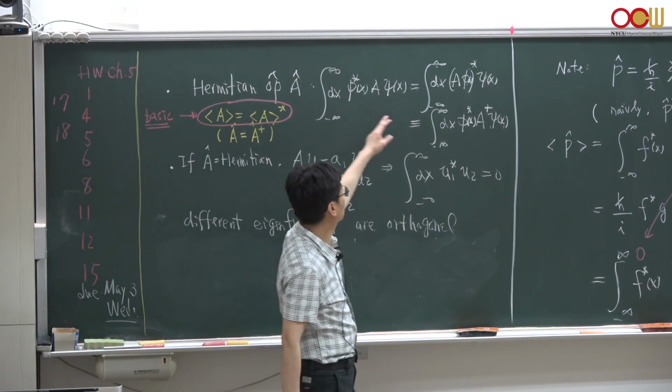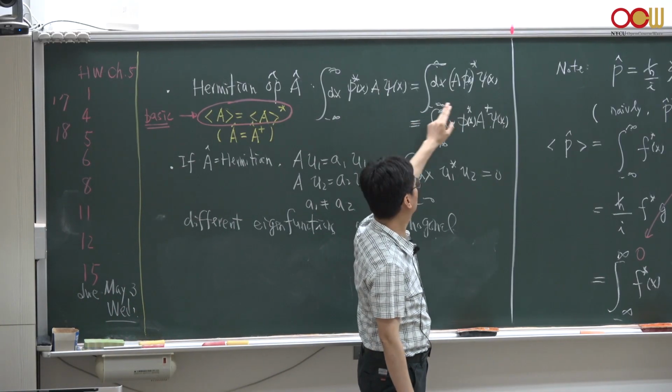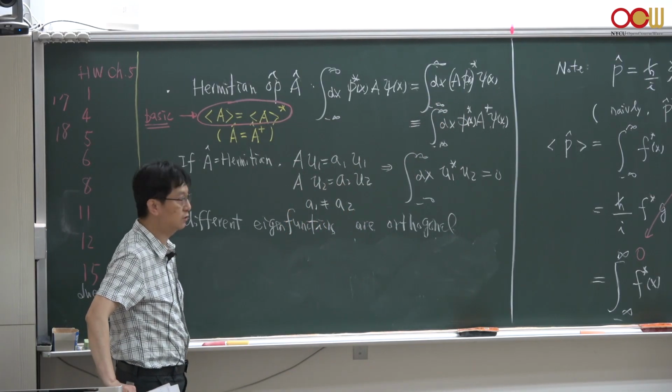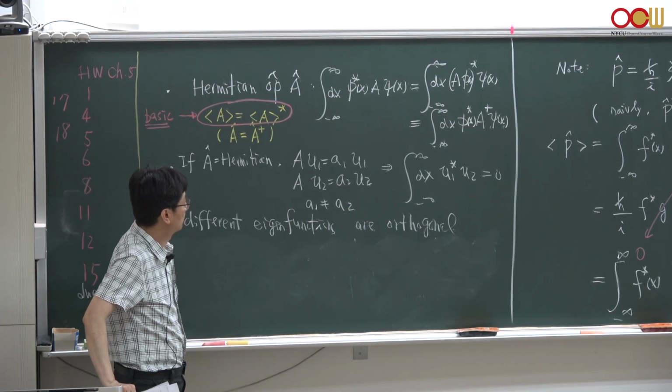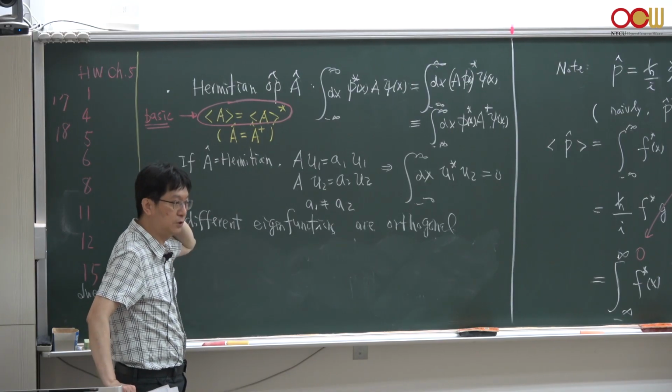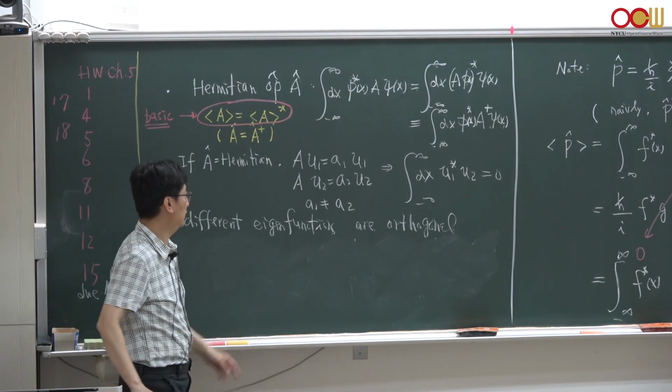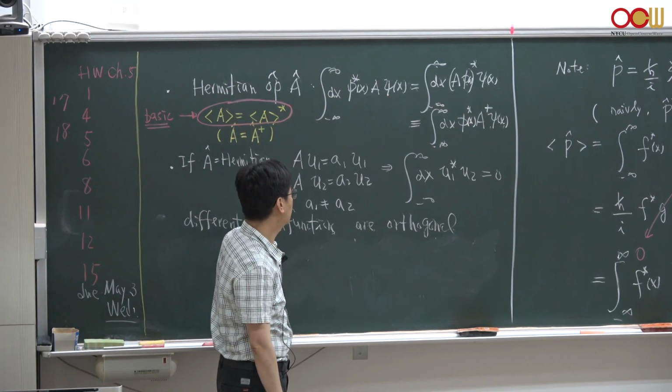The reason is that A and A dagger can be interchanged if you follow this Hermitian conjugate of the matrix.